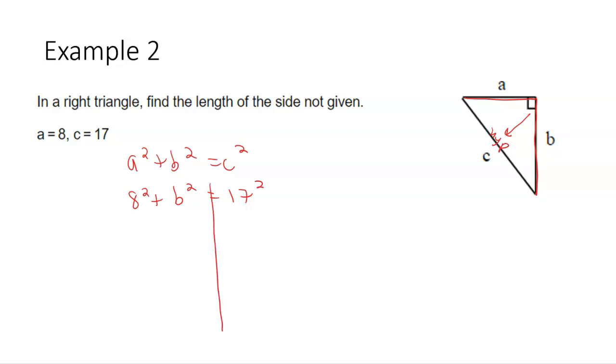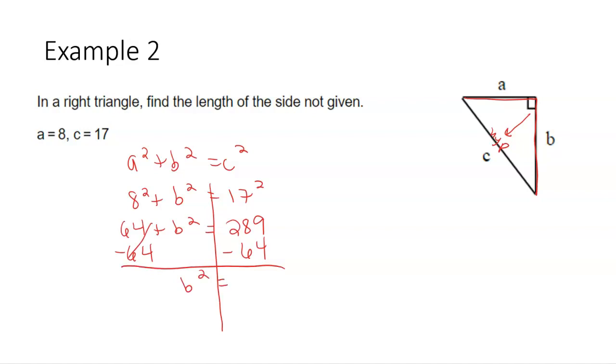There's lots of different ways to do this, but I'm going to go ahead and just get all of the squares. So 17 squared is 289. There we go. 8 squared plus B squared. And then we're going to subtract 64 on both sides.